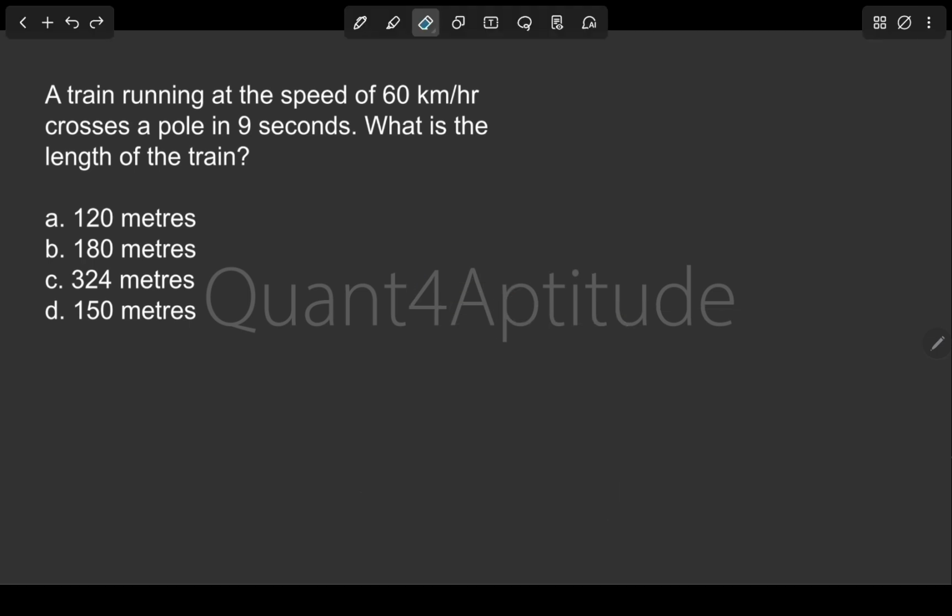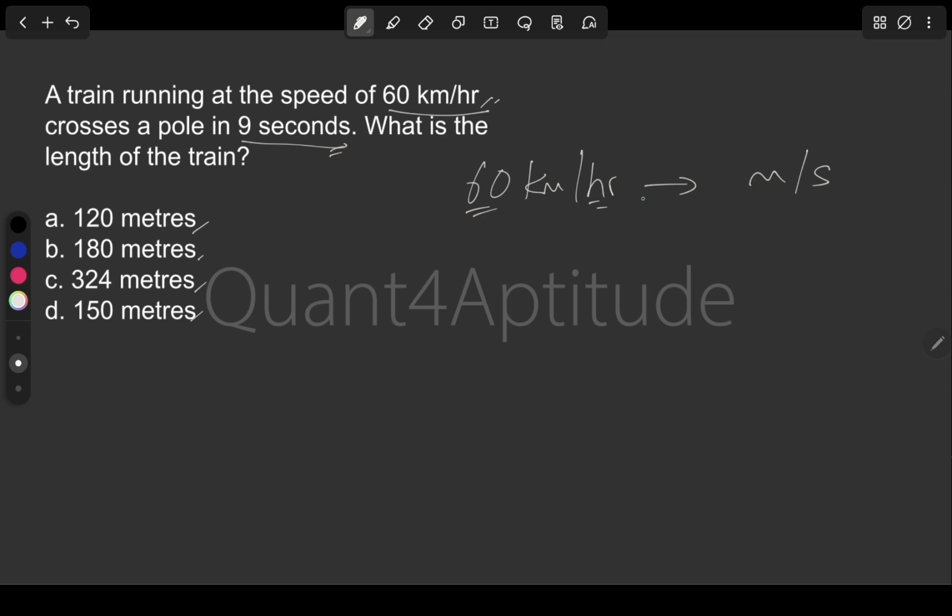Let's try and solve this question now. A train running at a speed of 60 kilometers per hour is crossing a pole in 9 seconds. What is the length of the train? All your answers are in meters. The time is in seconds, but the speed is in a different unit, which is kilometers per hour. So the first step would be conversion of kilometers per hour into meters per second. You can use different methods. You can use the basic conversion of each of these into the respective units.